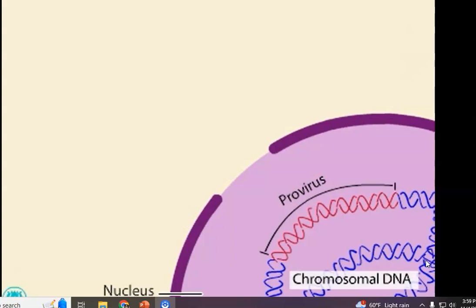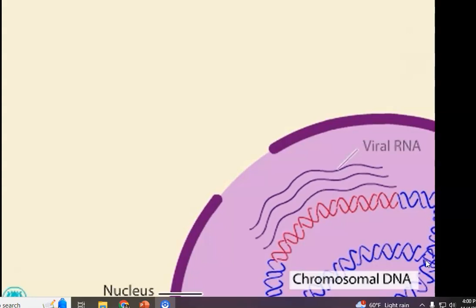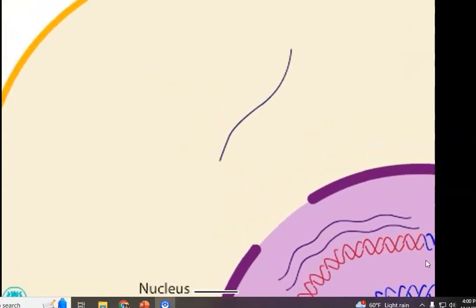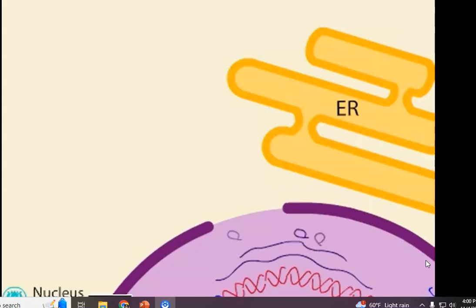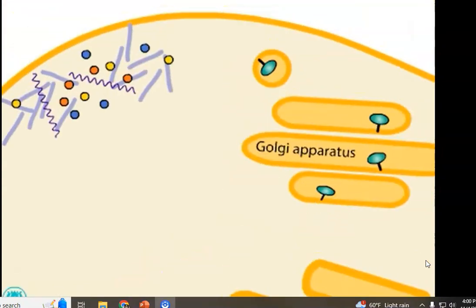The synthesis of the viral genome begins with the transcription of the proviral DNA into RNA. The viral RNA contains the code to produce the capsid proteins and other proteins needed for viral assembly. In spliced form, the RNA also codes for the envelope proteins and other auxiliary proteins. Envelope proteins are produced in the rough endoplasmic reticulum, ER, and then move through the Golgi apparatus before arriving at the cell surface.